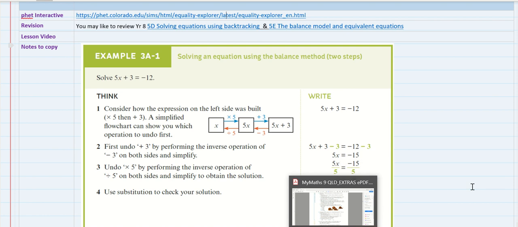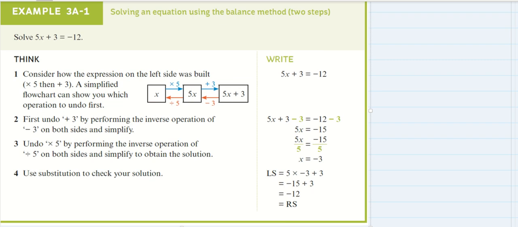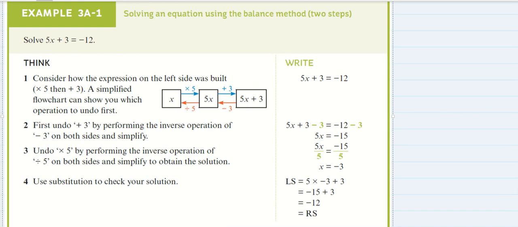Okay, so we're going to have a look at our first problem. We want to solve 5x plus 3 equals negative 12. So what do we do to build 5x plus 3 first of all? We're getting x, and we're going to have to multiply it by 5 to equal 5x.